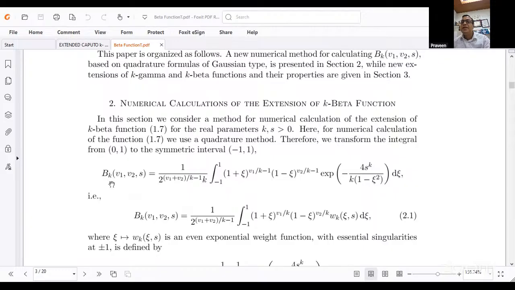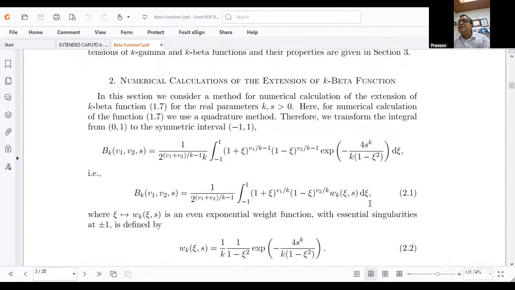Number one is the B k nu 1 nu 2 s, which is given by the right hand side, and similarly the second part is given by 1 upon 2 raised to power nu 1 plus nu 2 upon k, the integral from minus 1 to 1 of 1 plus zeta raised to nu 1 by k, 1 minus zeta raised to nu 2 by k, w k zeta s d zeta, where w k zeta s is an even exponential weight function with essential singularities at plus minus 1, which is defined by the equation number 2.2.